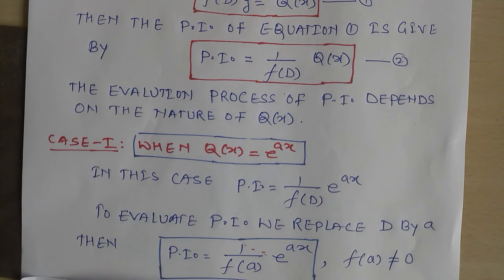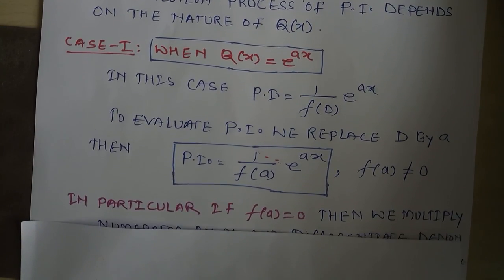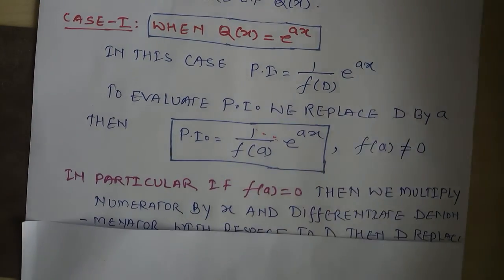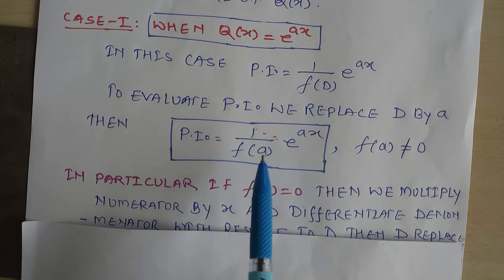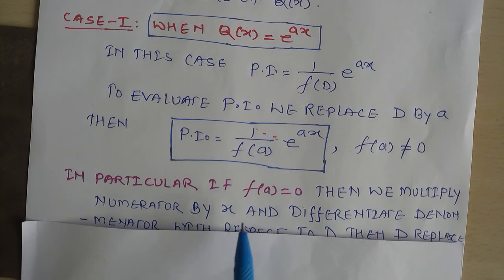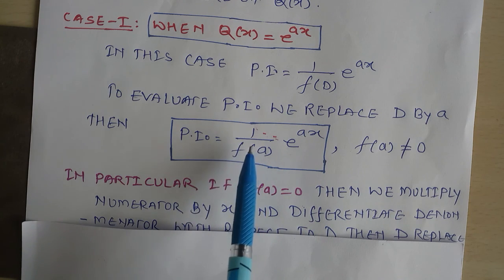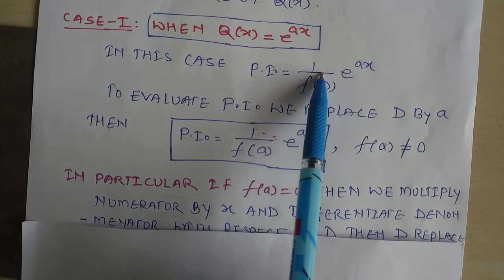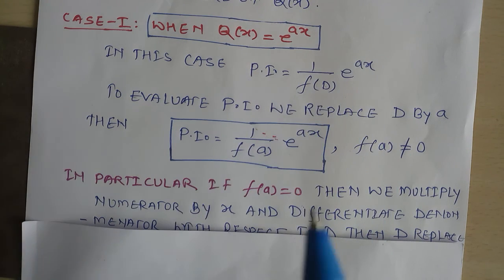Now, in case f(a) is 0, then first we multiply the numerator by x and then differentiate the denominator function f(D) with respect to D, and then we put D equal to a.